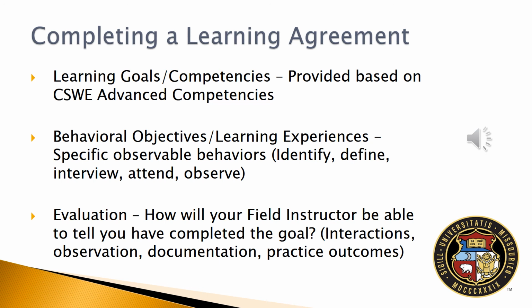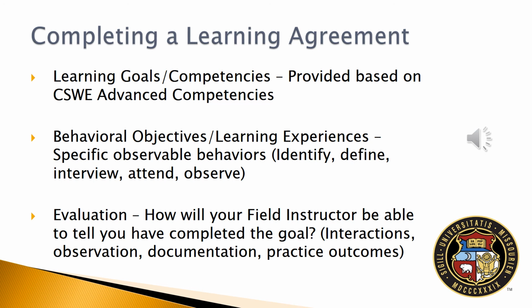Those are 1 through 10, specific CSWE learning goals and competencies that have been set up that we are expected to follow. Underneath each of those 10 specific goals, you will find bulleted points, or ABCDE points in the task stream versions.